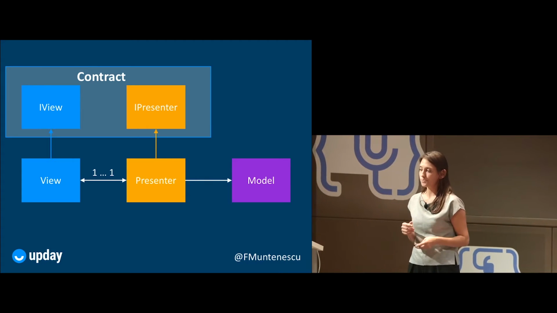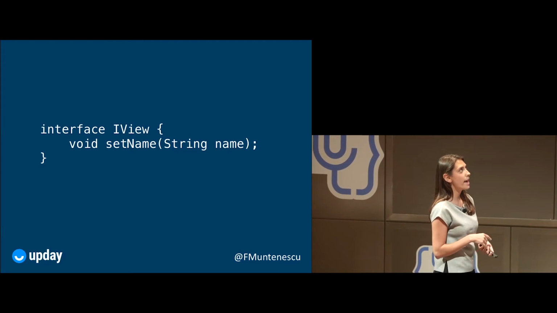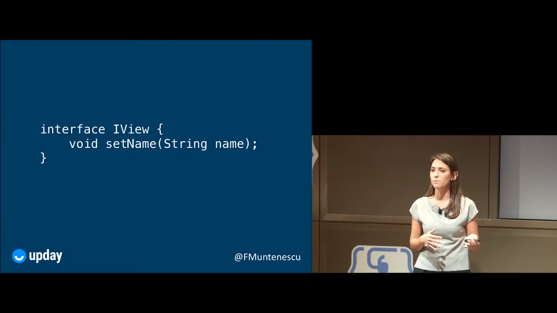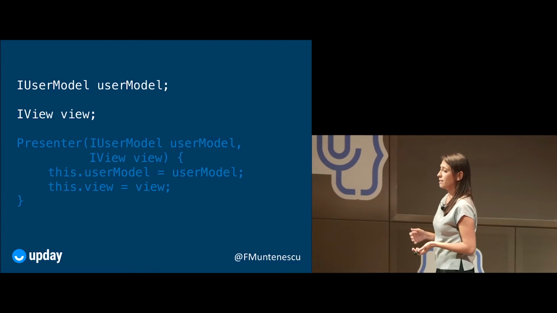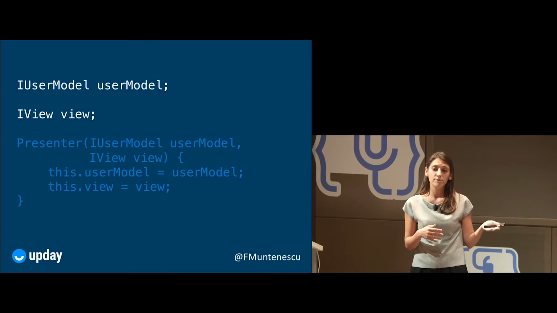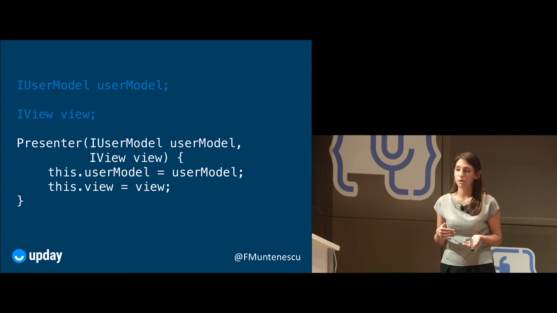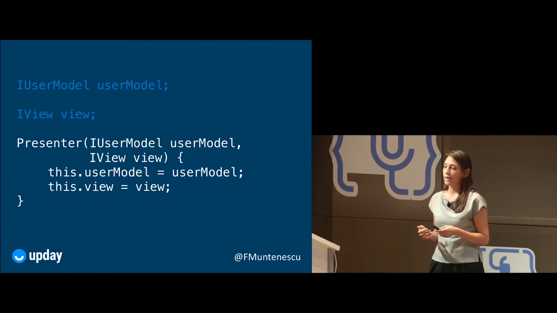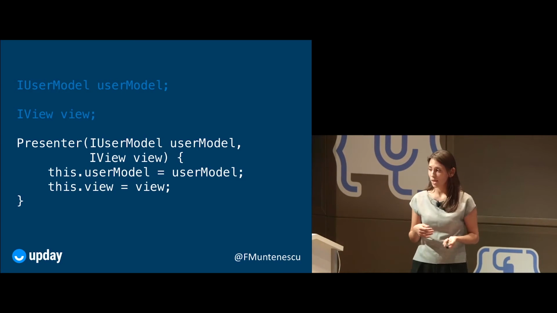So this means that for our example, we would have an interface for the view where we would have a method setName. And then in the presenter, we would have two members, the user model and the view. Those objects would be given as parameters to the constructor, and then we would use them as references.